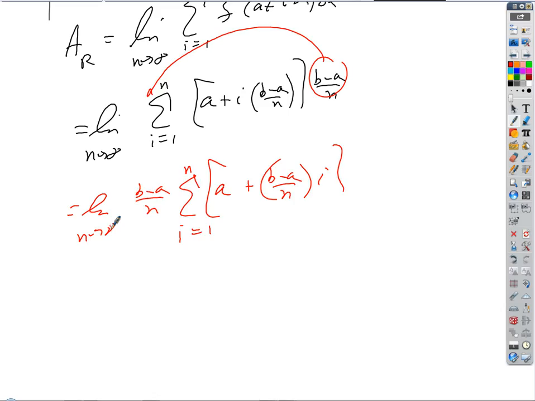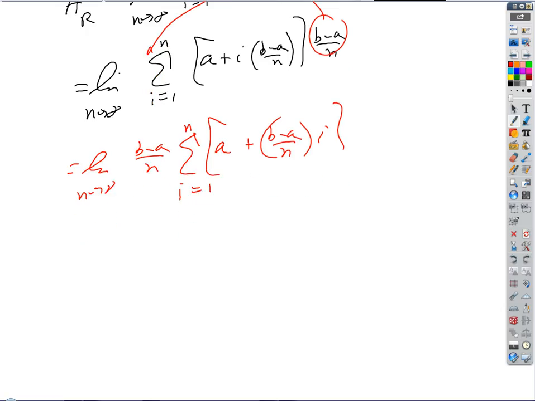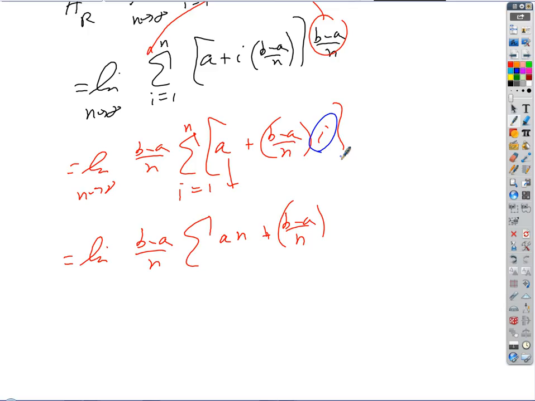A times n. So this one is just going to become a times n, plus b minus a over n times the sum of i. Well, the sum of i, remember, is just n times the quantity n plus 1 over 2.